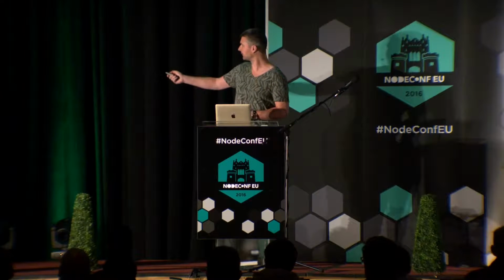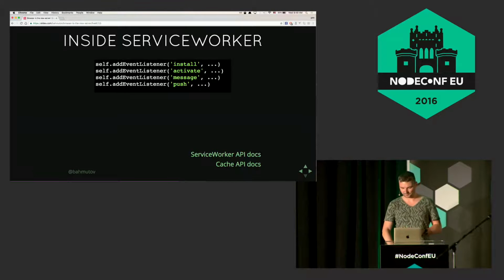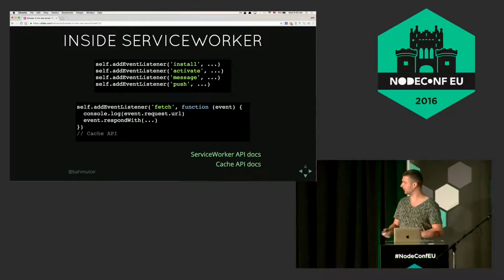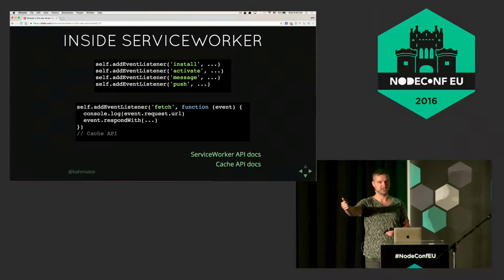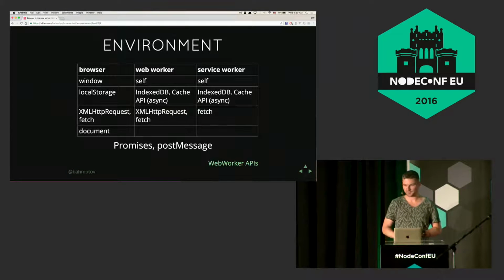Inside, you have different events. You can control how it starts. You can send messages, just like a web worker. But for our purpose, the most interesting event is fetch. And fetch is when the page requests a resource, and then you can intercept and proxy and do something, the fetch event. The environment in Service Worker is very similar to web workers.